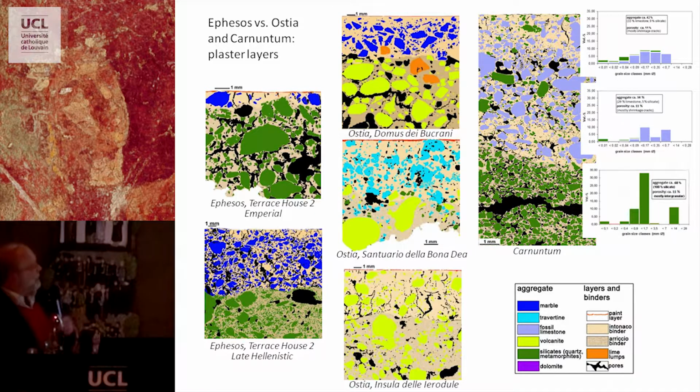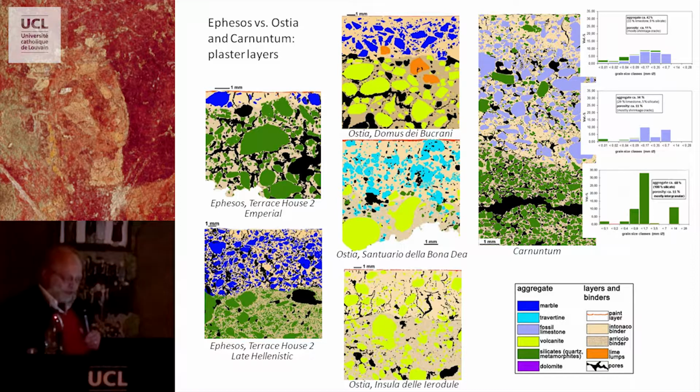And you can see that in Austria we found 3 different types of layers. The one in blue is always marble dust. In this case of Austria, the arriccio is always bearing volcanic fragments.